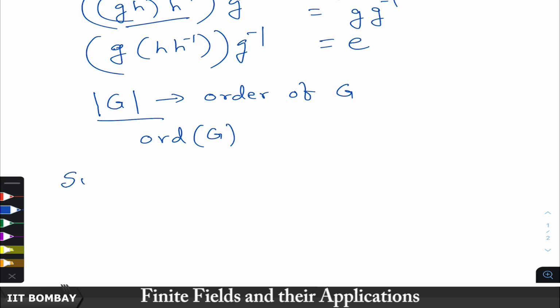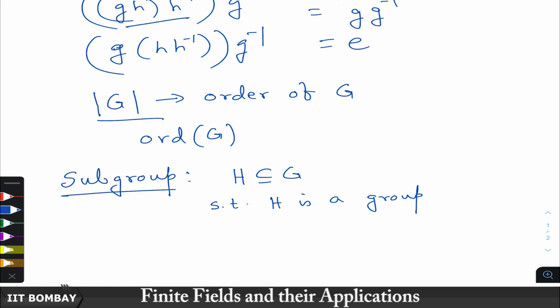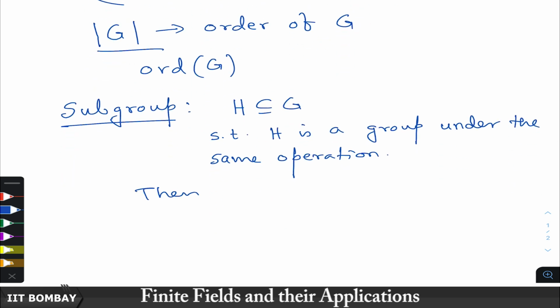Now, if we have a subset H of G such that H is also a group under the same operation, then we say that H is a subgroup of G. Okay.